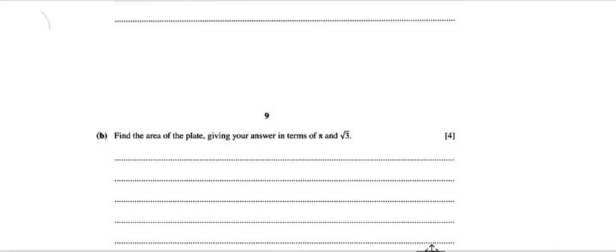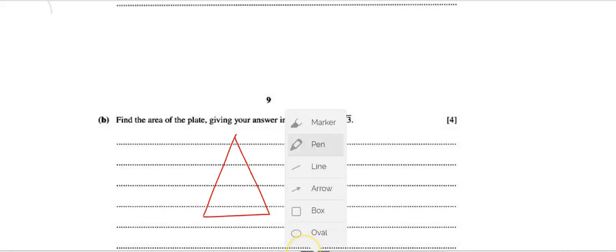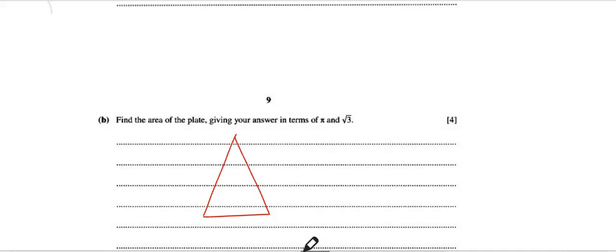B. Find the area of the plate, giving your answer in terms of pi and root 3. Area of the plate. Now let's draw the triangle again, the one we extracted. We extracted the triangle here, and we know that this is 6.